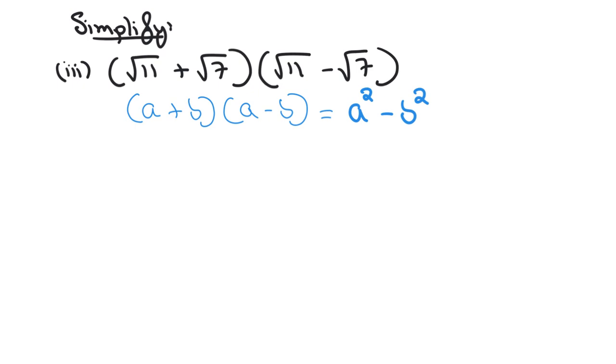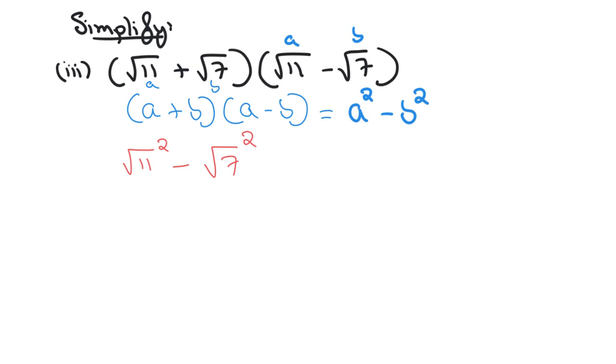Our a is root 11 and our b is root 7. So we know this. So according to this then, it will be root 11 squared minus root 7 squared, isn't it?